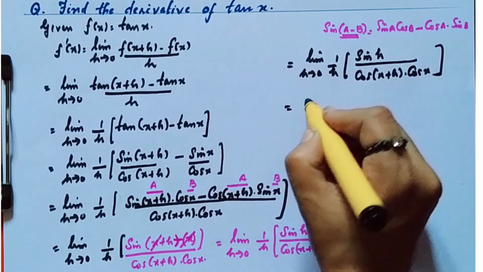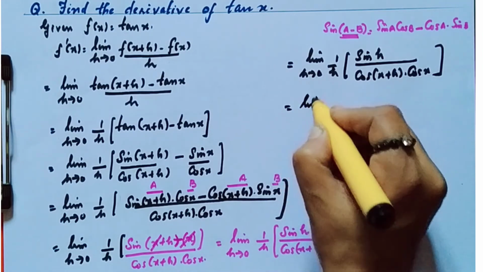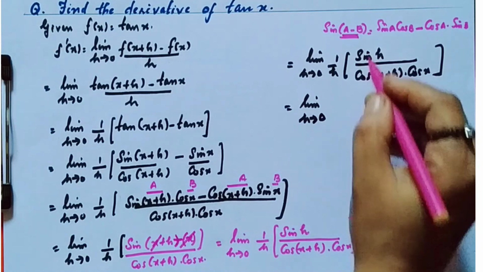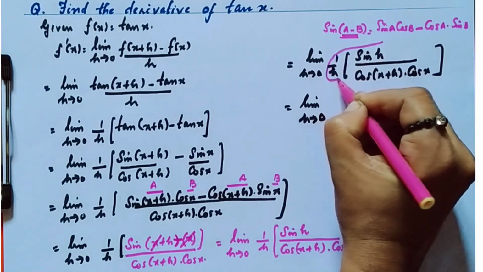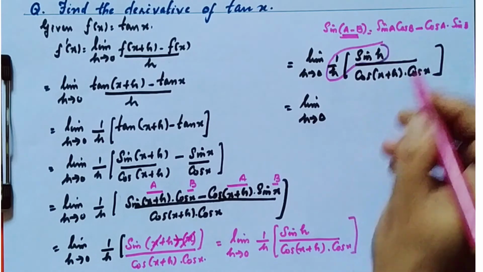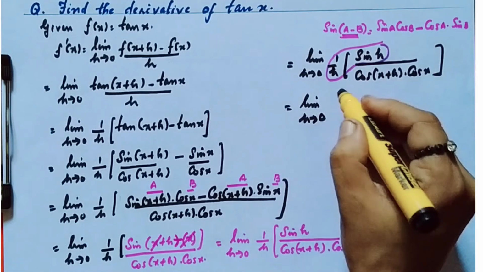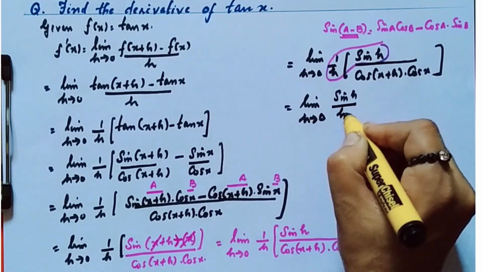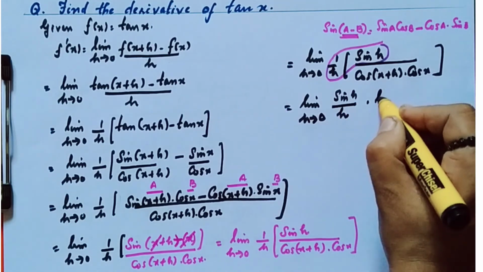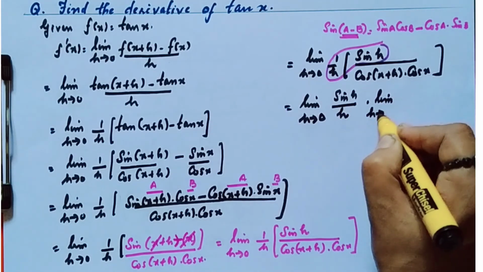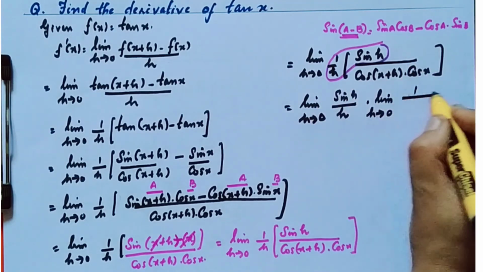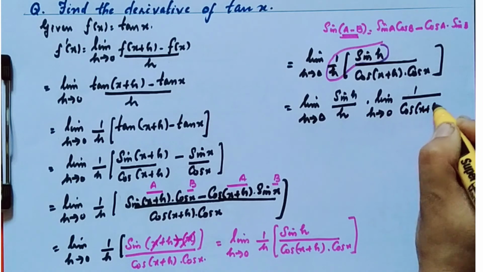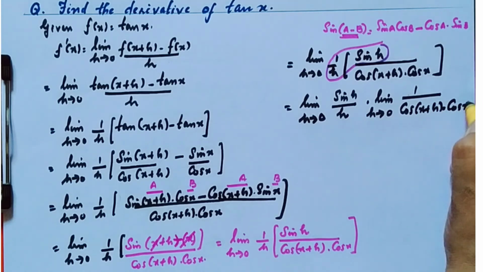Equals, I am going to make an arrangement as limit h tends to 0. This sin h by h we can put in one bracket to make the limit 0, sin h in the numerator divided by h in the denominator, into a separate limit as h tends to 0 of 1 by cos(x+h) into cos x, which is what remains.